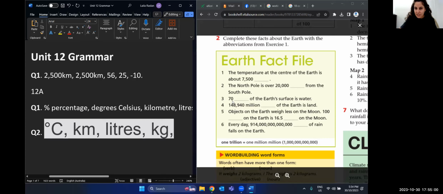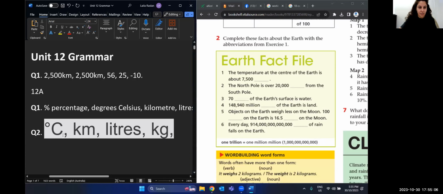I think, sorry, I missed one. Number 3, 70% of the Earth's surface. I think I forgot to put the percent here. 70%.